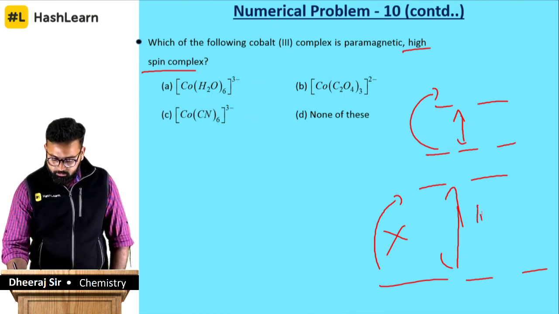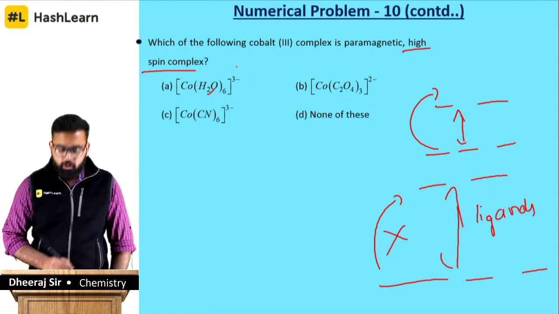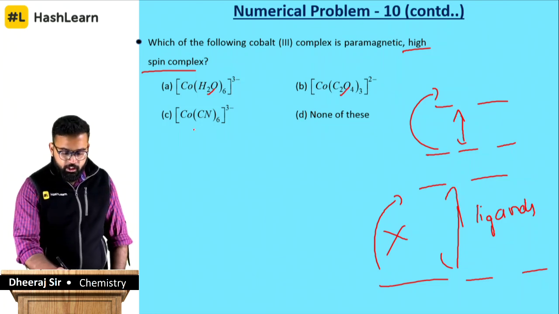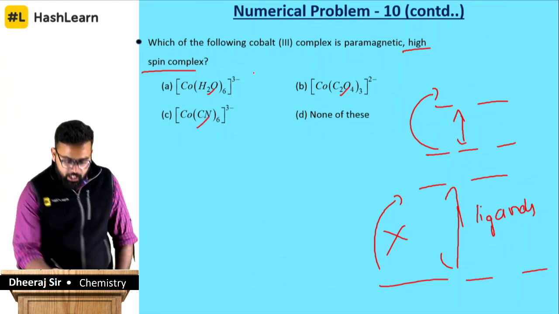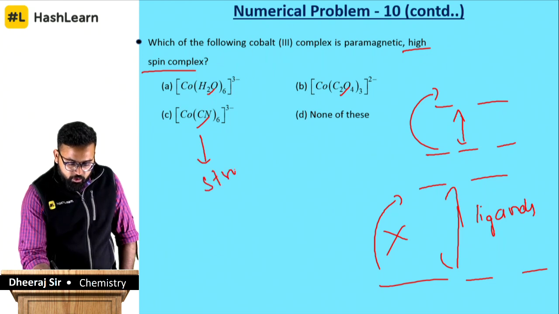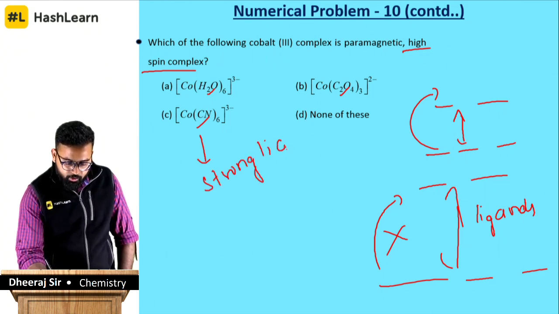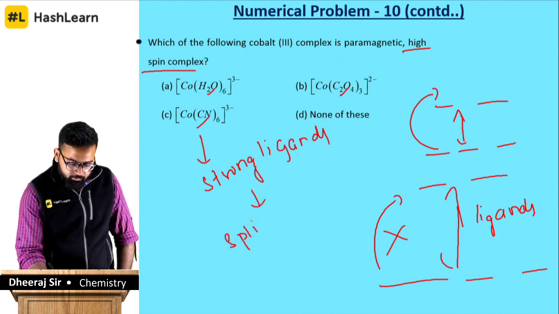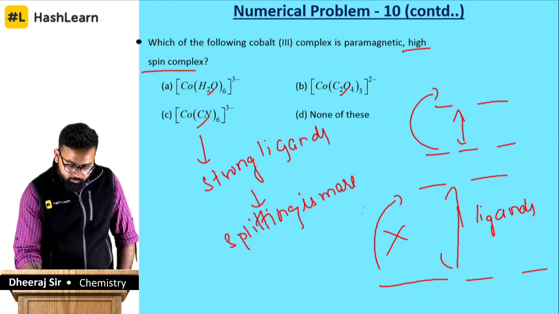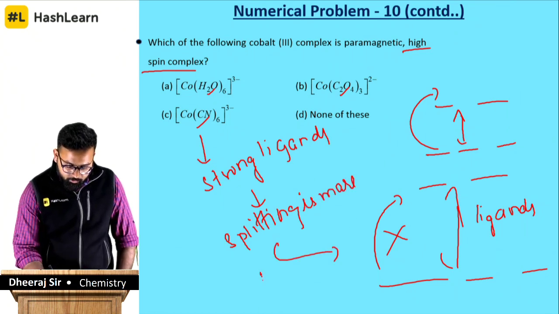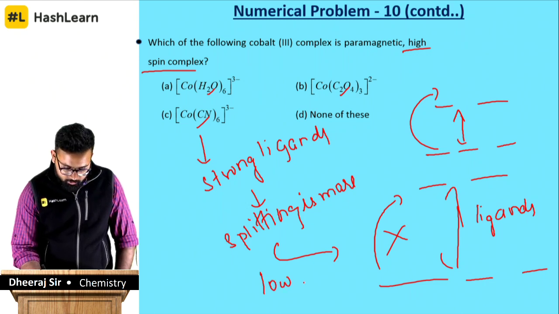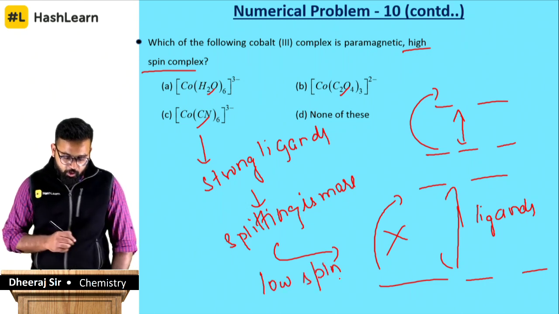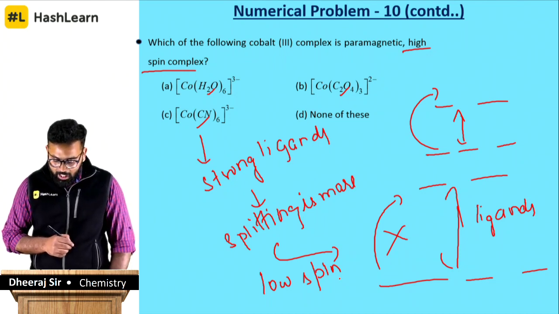It is the ligands. Now if you observe, let it be water, let it be oxalate, and let it be cyanide, all of these are strong ligands. Since they are strong ligands, splitting is more. If splitting is more, the compound has to be low spin.